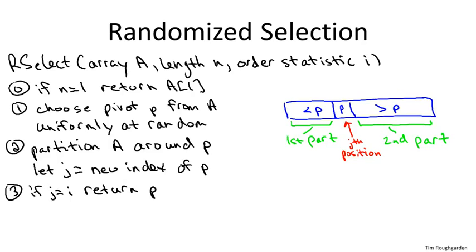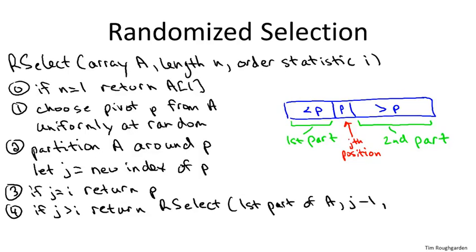The pivot's the jth smallest, everything less than it's to the left. We're looking for the ith smallest, i is less than j, so that's got to be on the left. That's where we recurse. Moreover, it's clear we're looking for exactly the same order statistic. If we're looking for the third smallest element, we're only throwing out stuff which is bigger than something even bigger than the third smallest element. So we're still looking for the third smallest of what remains. And naturally, the new array size is j minus 1, because that's what is to the left of the pivot.